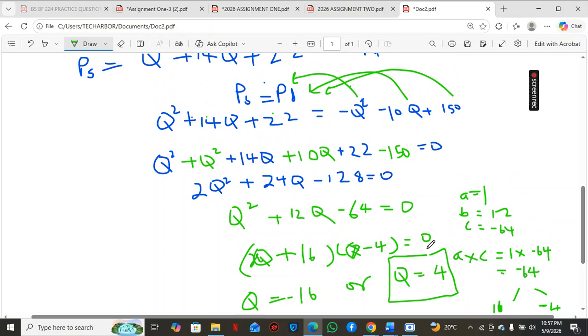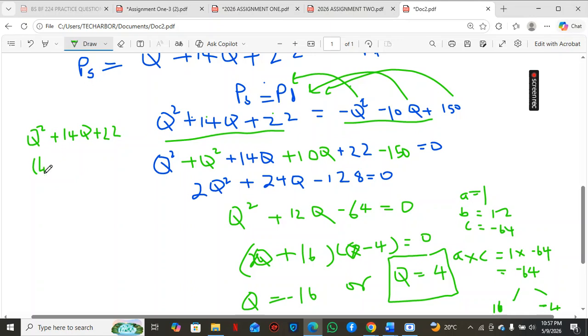Then for the equilibrium price, you substitute q equals 4 either into this equation or into this equation. You can use the first one: q squared plus 14q plus 22. We substitute q with 4.